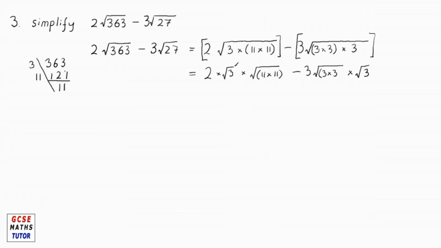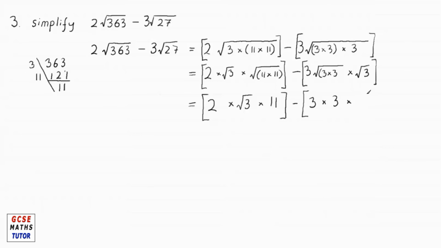Let me just tidy this up, which equals 2 times root 3 times 11 minus 3 times 3 times root 3, which equals 22 root 3 minus 9 root 3, which gives us our answer 13 root 3.